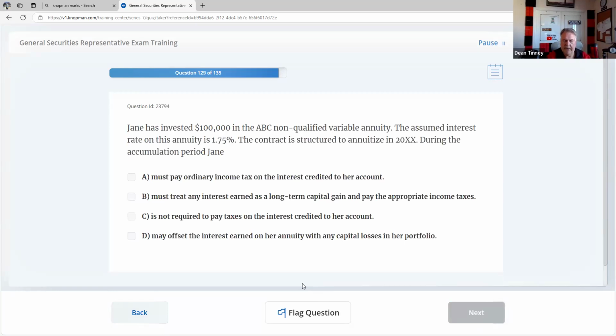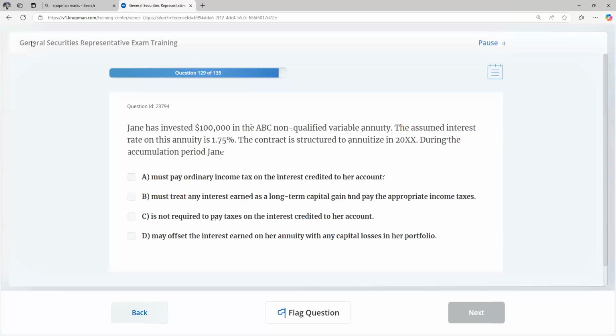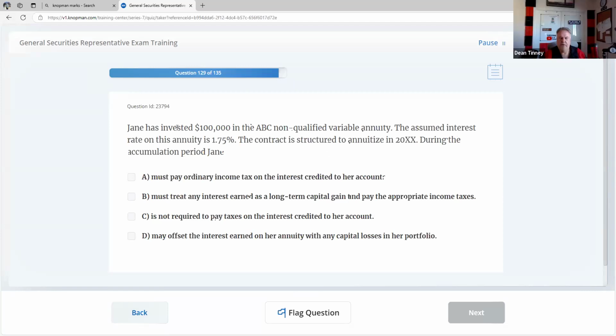Jane has invested 100,000 in a non-qualified variable annuity. The assumed interest rate is 1.75. The contract is structured to annuitize in a year to be determined. During the accumulation period, Jane... I feel like it's the ordinary income.